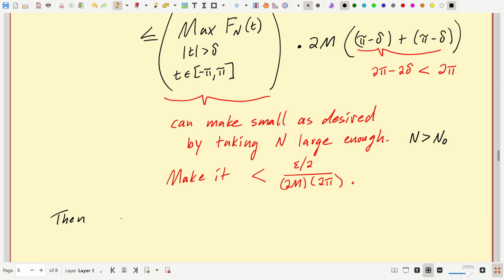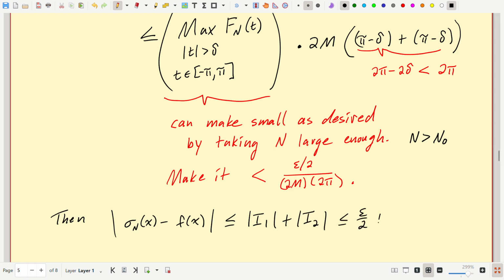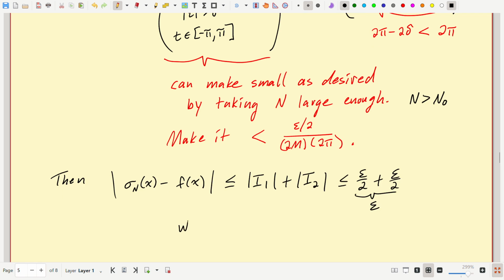Then the integral that was representing sigma nx minus f of x is less than or equal to I1 plus I2, and they're both less than or equal to epsilon over 2 when n is bigger than that particular n naught. That's how you do it. And whenever you have a good kernel, you can do exactly that routine. It's the same thing every time.